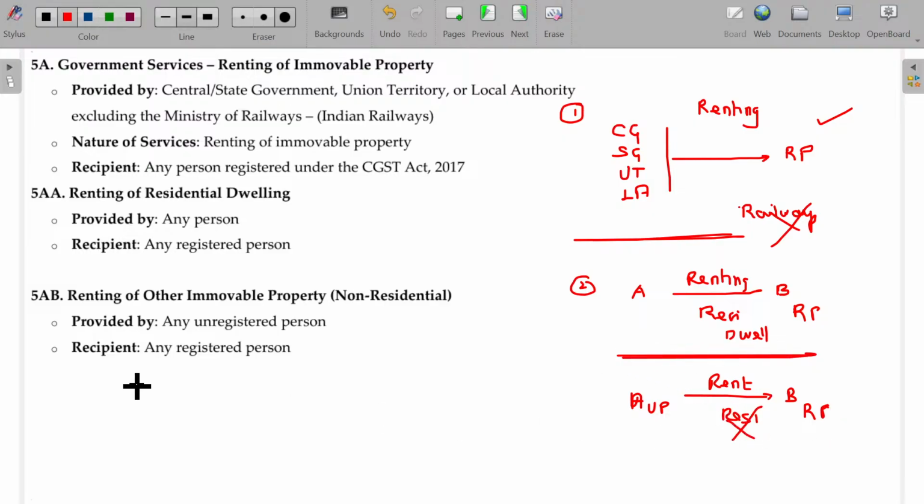So in this case, renting of other immovable property, not for residential purpose, provided by an unregistered person with the recipient being the registered person, automatically RCM basis will be applicable.